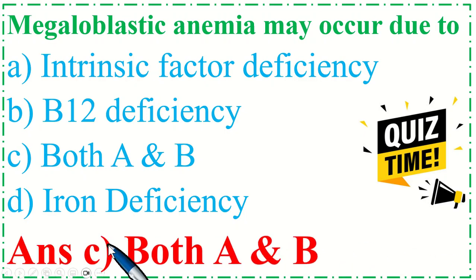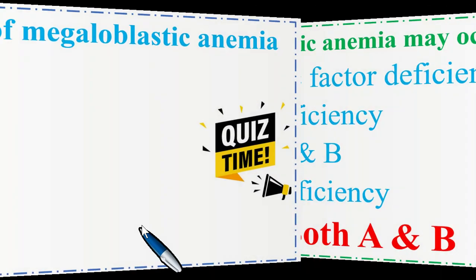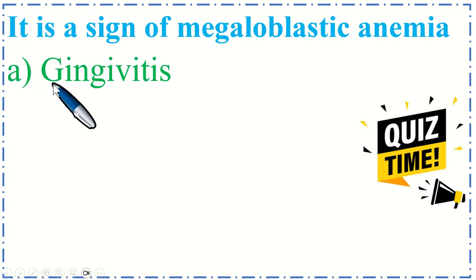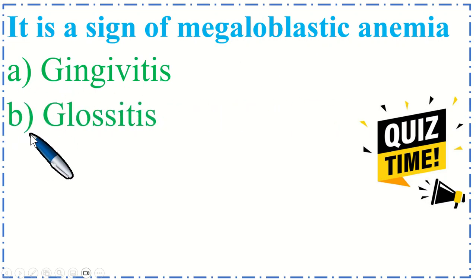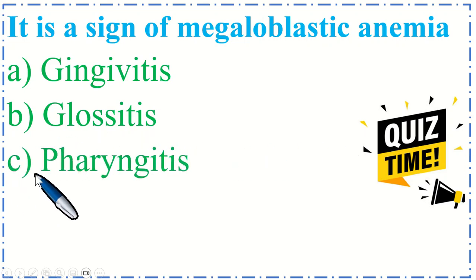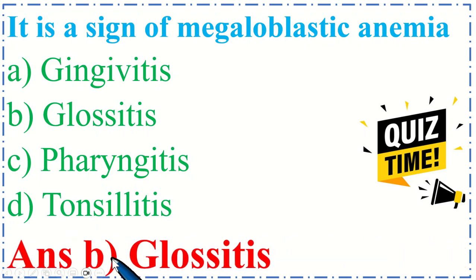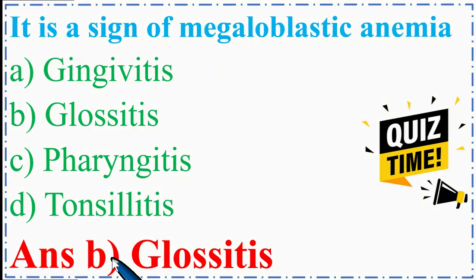Correct option is C both A and B. It is a sign of megaloblastic anemia: option A gingivitis, B glossitis, C pharyngitis, and option D tonsillitis. So the correct option is B glossitis.